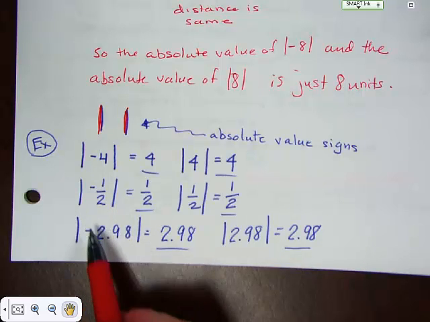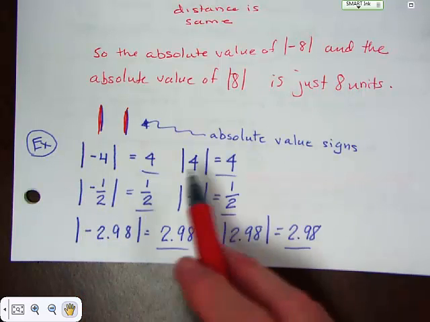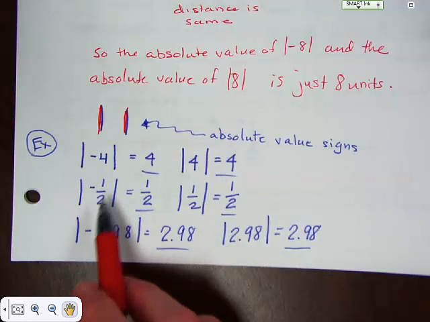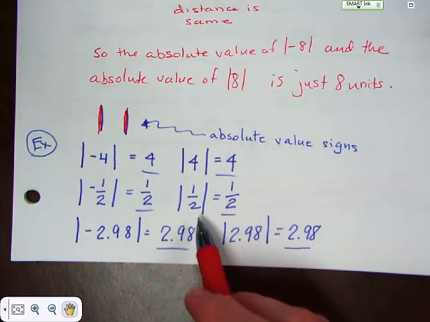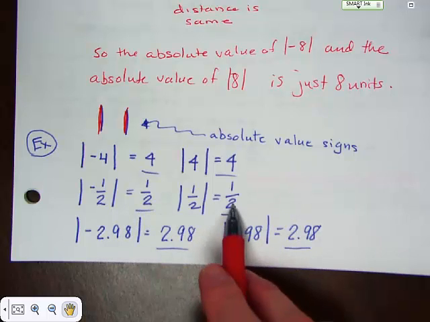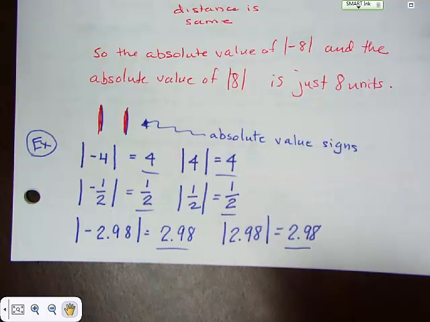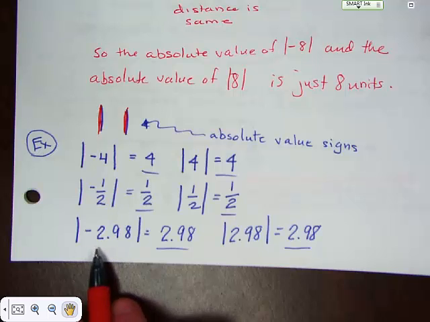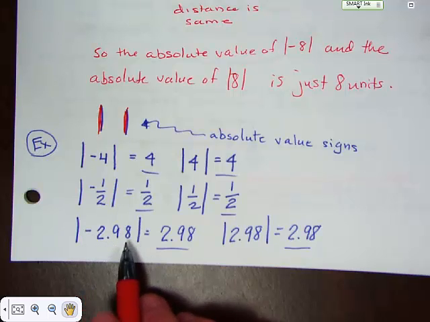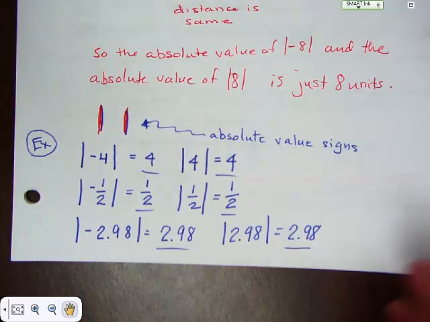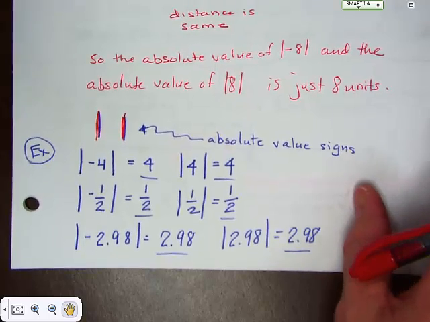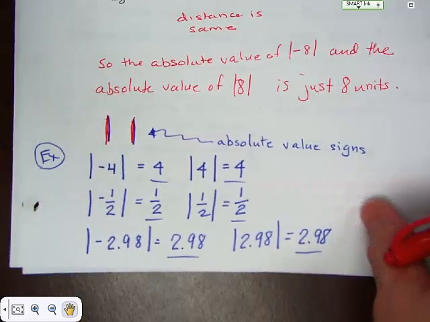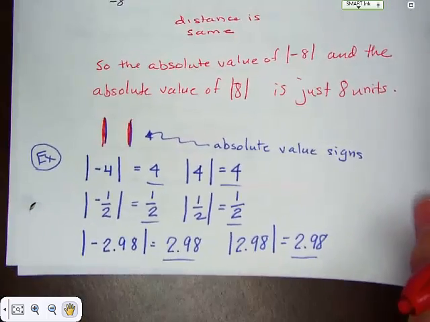So I could take the absolute value of -1/2 and the absolute value of 1/2, and I'm going to get the same answer because they are the same distance from 0. Same thing with this decimal down here. The absolute value of -2.98 is 2.98, just as the absolute value of 2.98 is 2.98, because they are the same distance from 0.